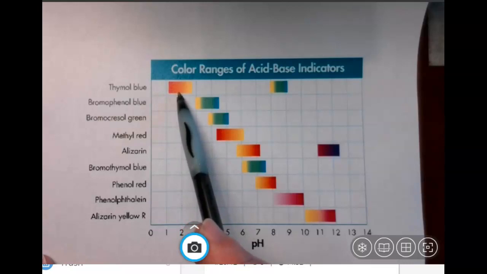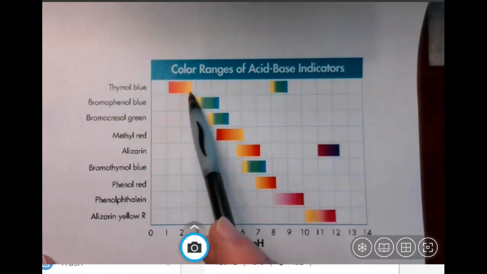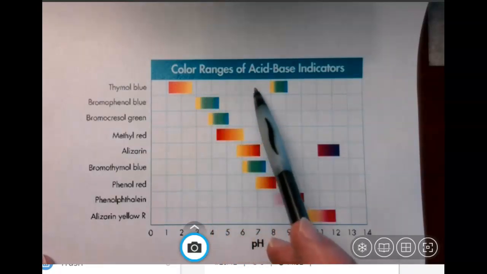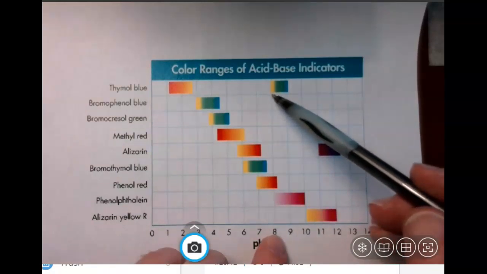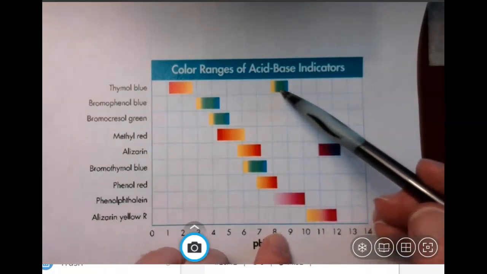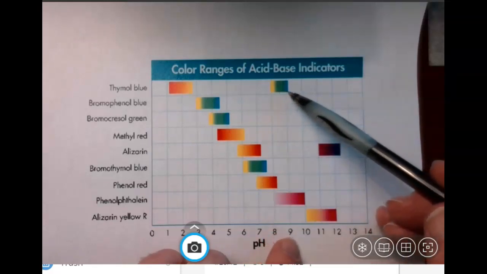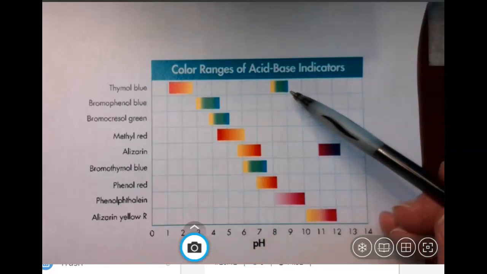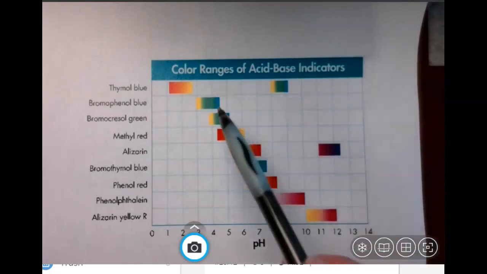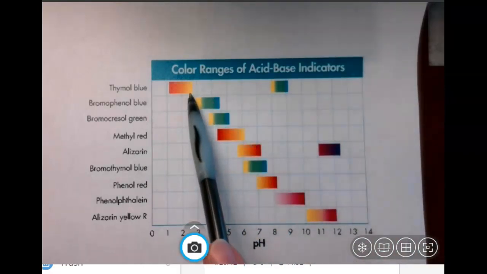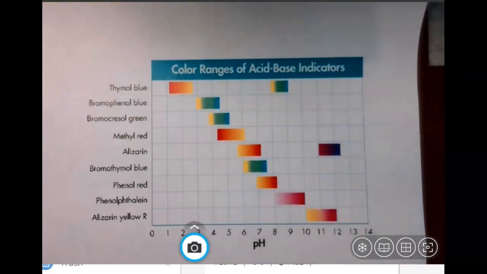It starts turning orange, and then it's yellow when it gets closer to 3. Now this indicator also changes color again at high pH, so it's yellow up to a pH of about 8, and then between 8 and 9 it starts turning green, and then at pH 9 it's blue. So if you use that indicator and your color came out yellow, you would know that you're somewhere between a pH of about 2 and a pH of about 8.